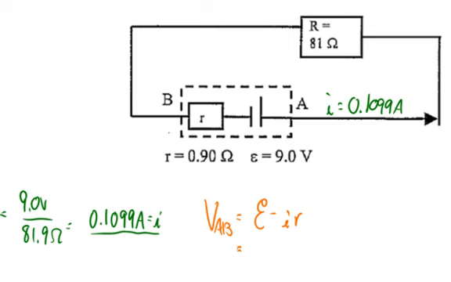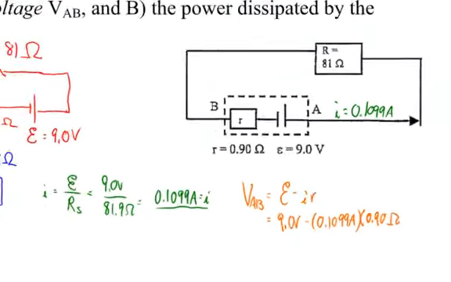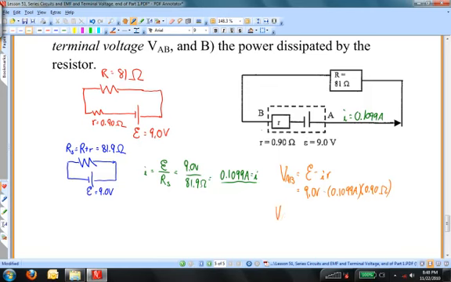So this is going to be the 9 volts minus 0.1099 amperes, and I'm going to keep all of the numbers that my TI-89 calculator gives me, times the 0.90 ohms, that's the internal resistance. So what the external resistance actually sees is 8.9 volts. It doesn't see all 9 volts.